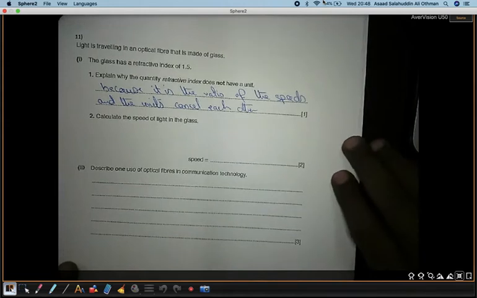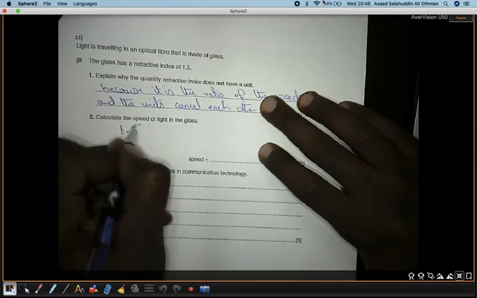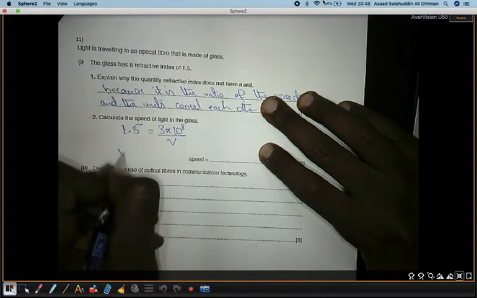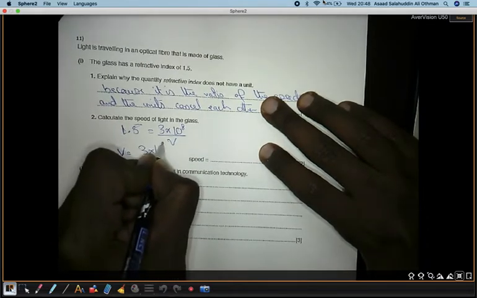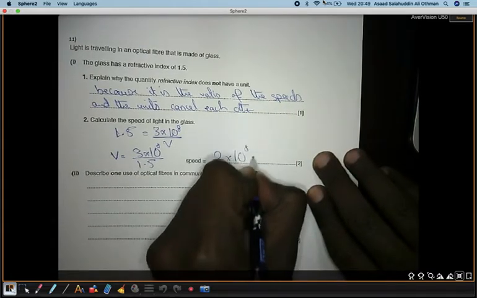Calculate the speed of light in glass. The refractive index equals 3 times 10 to the power of 8 over v, so v is 3 times 10 to the power of 8 over 1.5, which is 2 times 10 to the power of 8 meters per second.